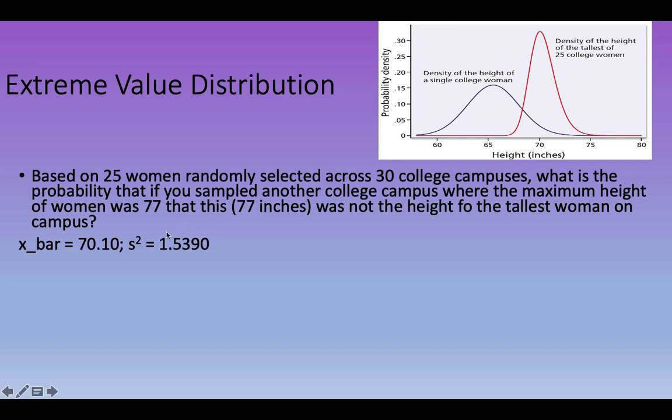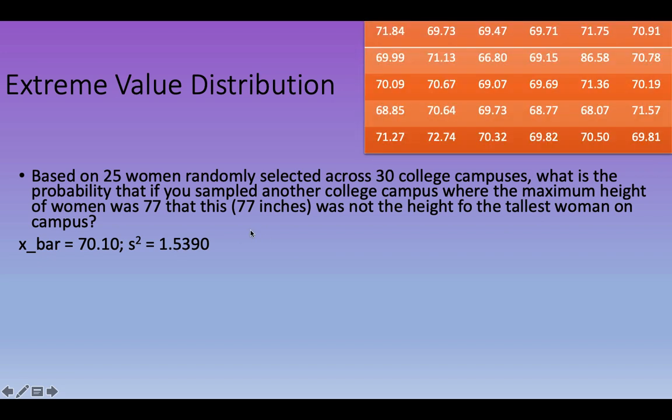And so what you can do is look at this distribution of these 30 college campuses and 25 women, and calculate the mean and the variance of that distribution. So I could have a mean of about 70 and a variance of 1.5. These are the numbers you could use to calculate that.